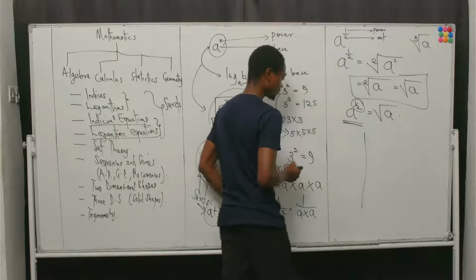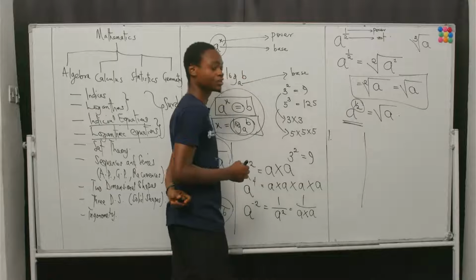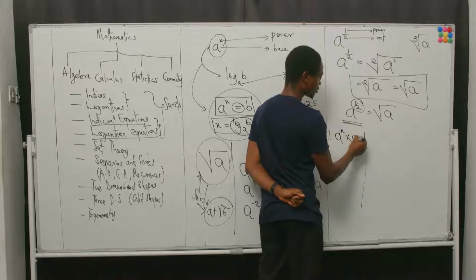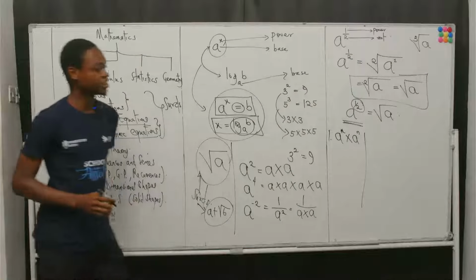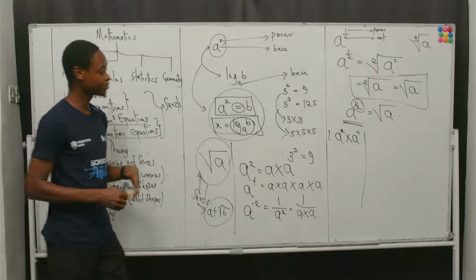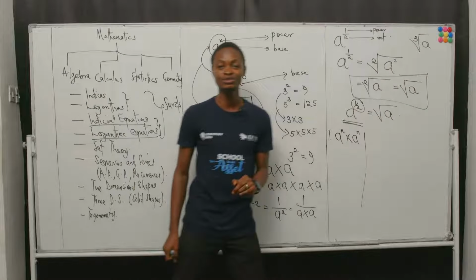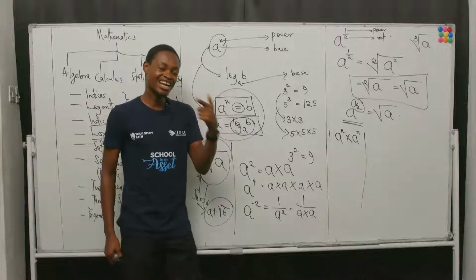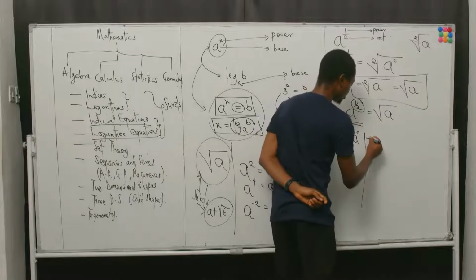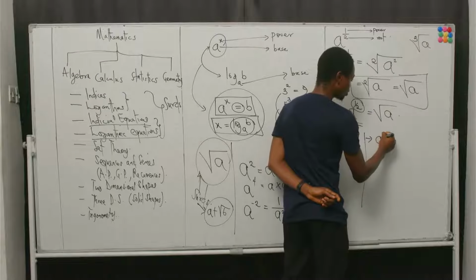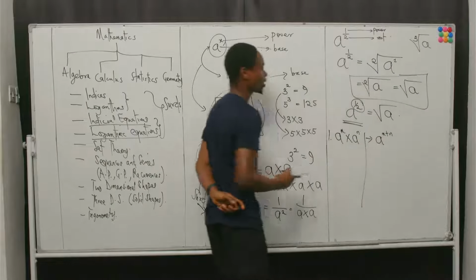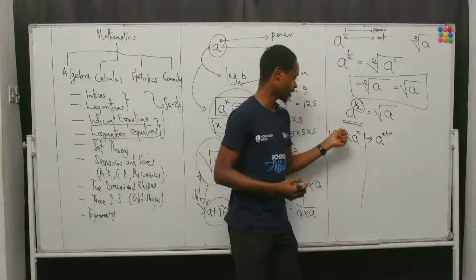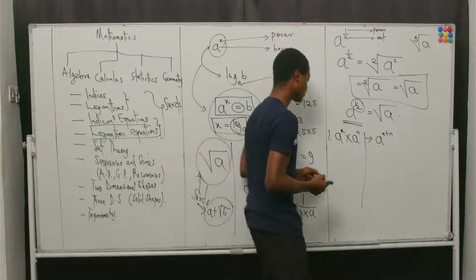First off, for indices, we are told that if we multiply two indicial forms where the base is the same but the power is different, because we are multiplying, the final result will simply be an addition of the power, right? Because the base is the same, I can take one base and then add the power.